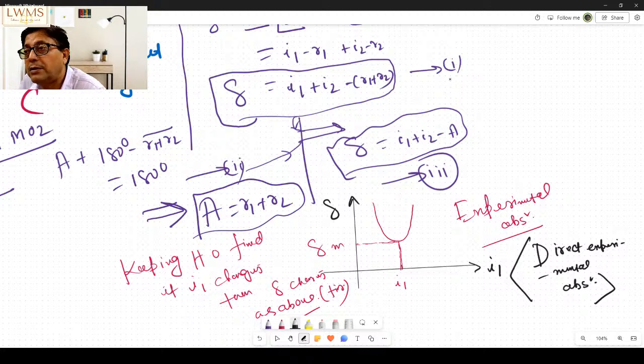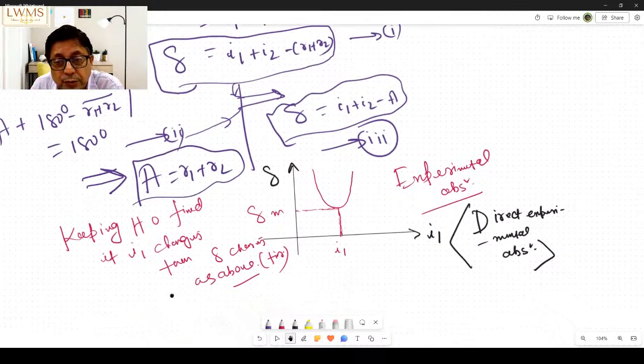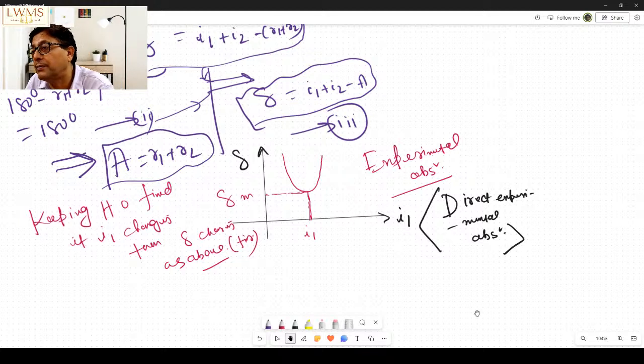You cannot put forward any reason that your experiment was wrong, that you have done with different wavelength of light. No, this will always happen. And this minimum deviation, for that angle of incidence you are getting, it has a unique value for a particular prism.